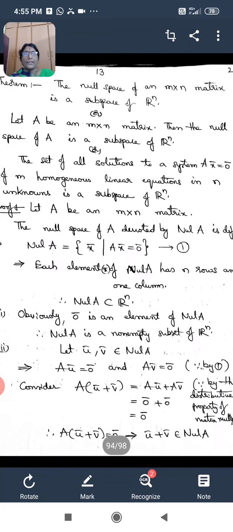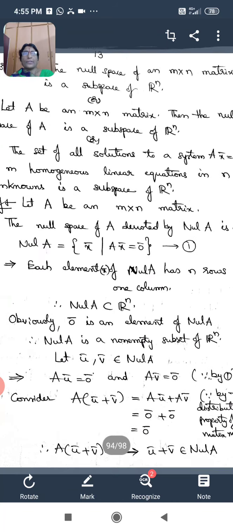That means null A is a set consisting of vectors x bar, which are column vectors of the order n by 1.